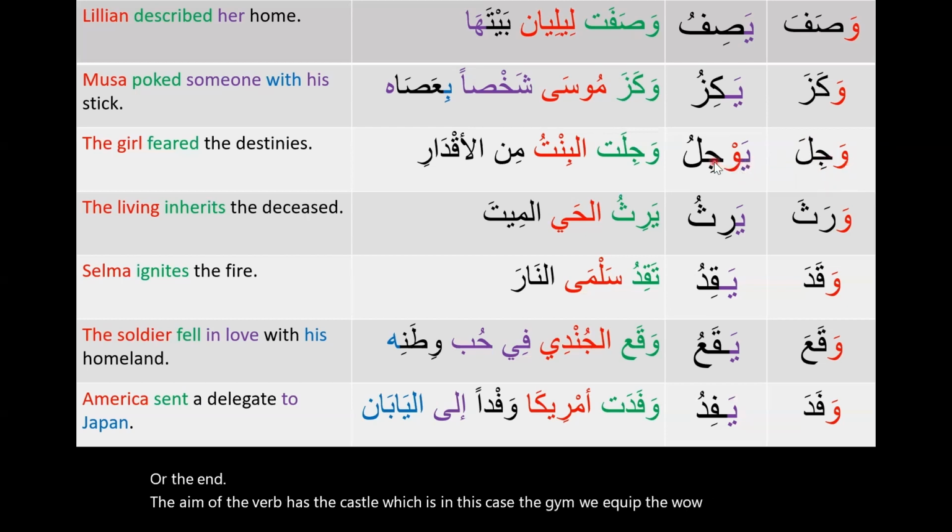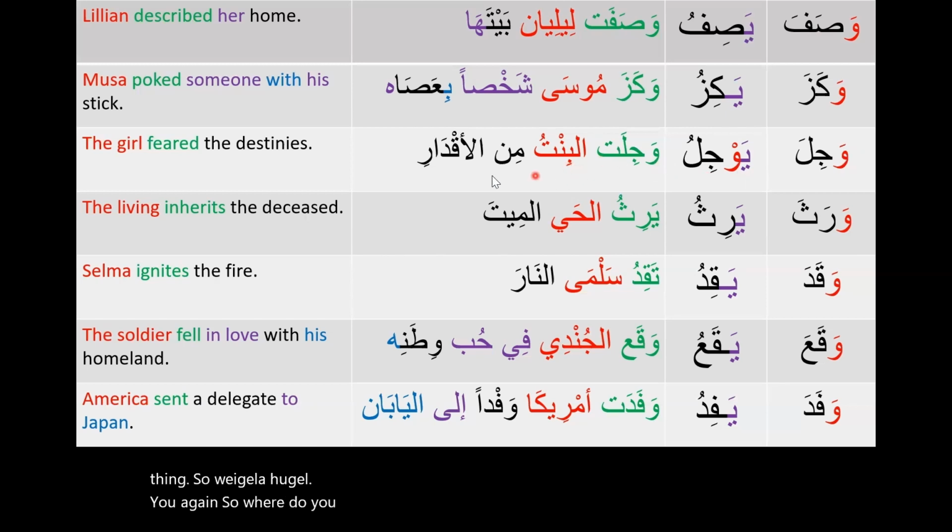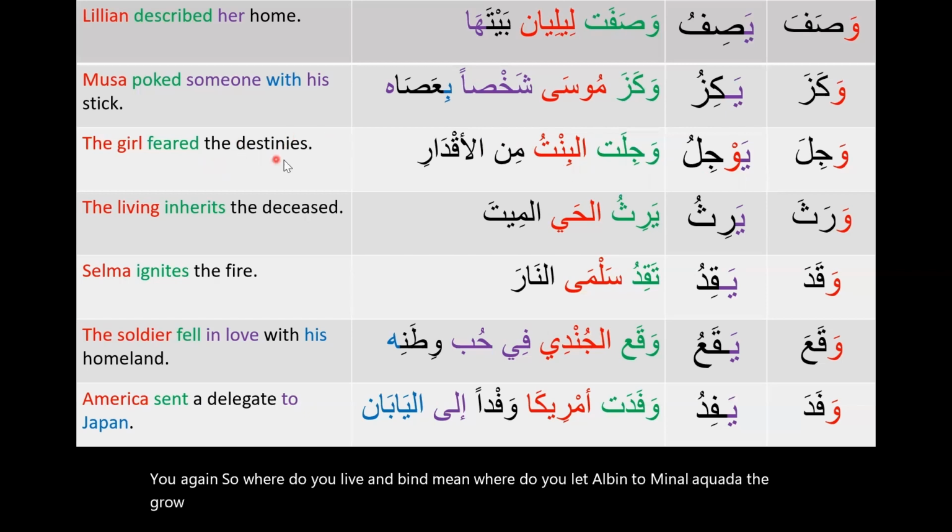Very few verbs behave this way, which is the good thing. So wajila, yajal. Wajilat al-bint min al-aqdar. The girl feared the destinies or the fate.